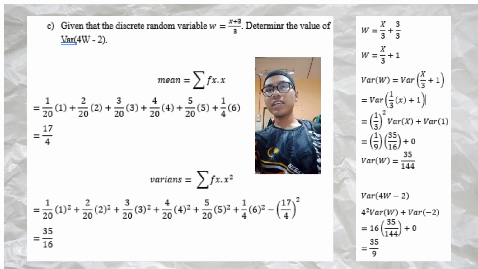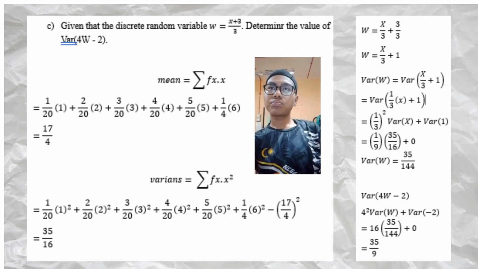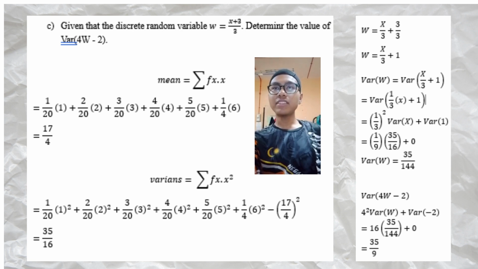So for the variance of X over 3 plus 1, we need to simplify, take out the 1 over 3 from the variance, and it becomes 1 over 3 square. So in the variance is only left X plus 1.